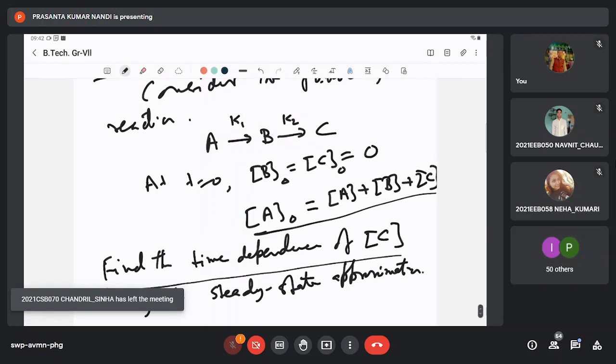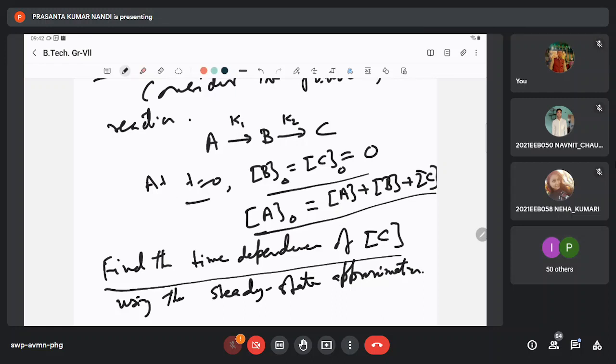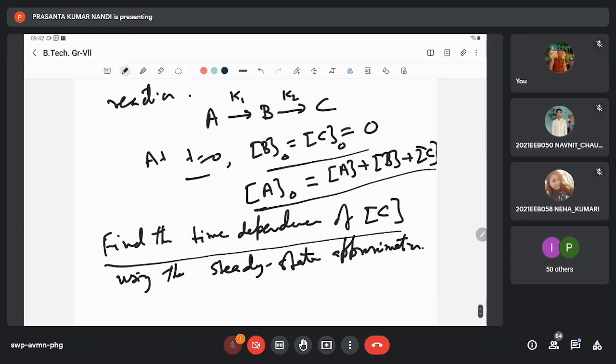Now you try to solve yourself. Very simple. This is a consecutive reaction, you know, a two-step reaction, A to B and B to C. Let both be first order. And at time t equal to 0, we can write this. This you know. Now find the time dependence of C using the steady state approximation. What should be the answer?